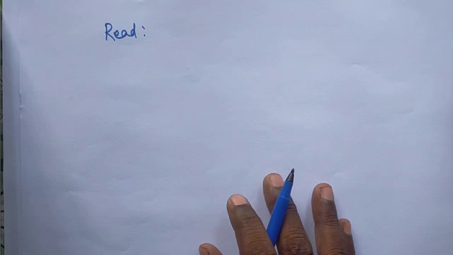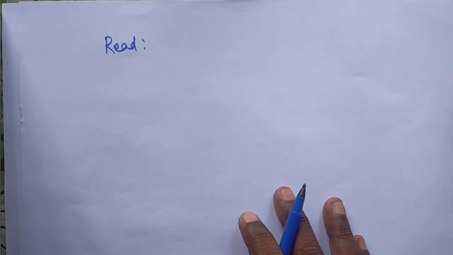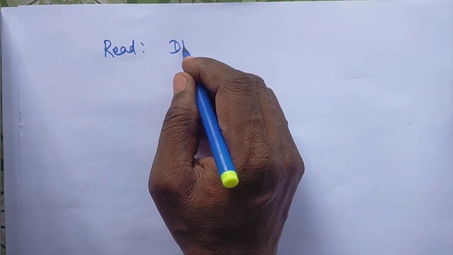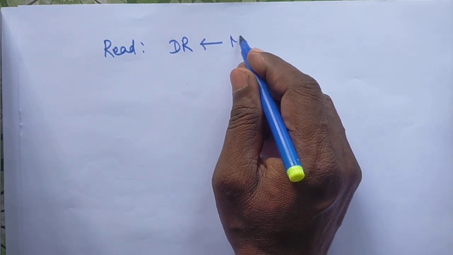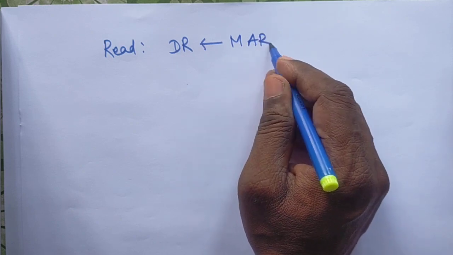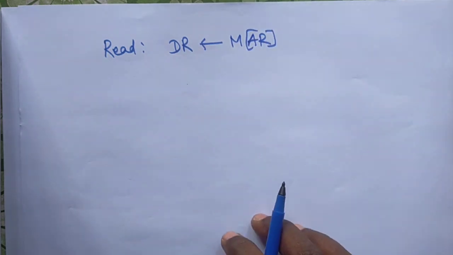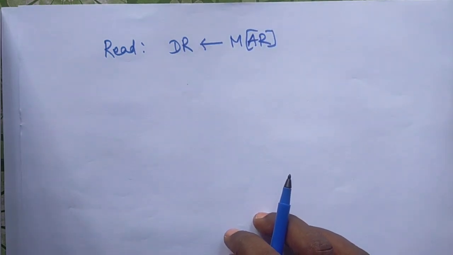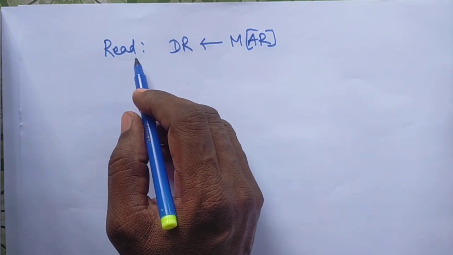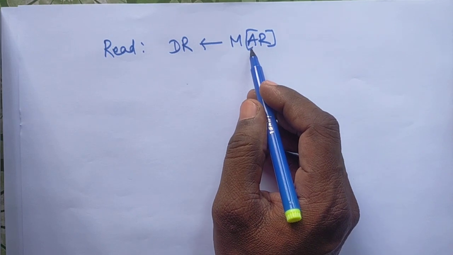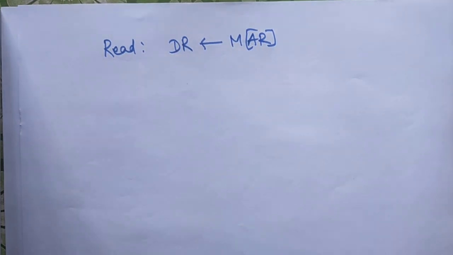I will show the micro-operation, then you can understand. DR is defined through memory, selected by AR, the address register. When the data is transferred to the DR register, the data register, it means data is read from memory and stored in a data register.